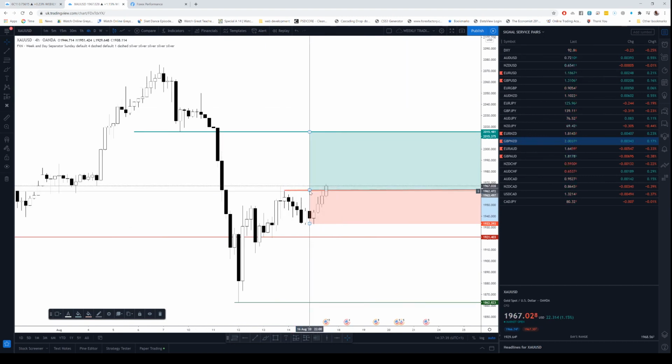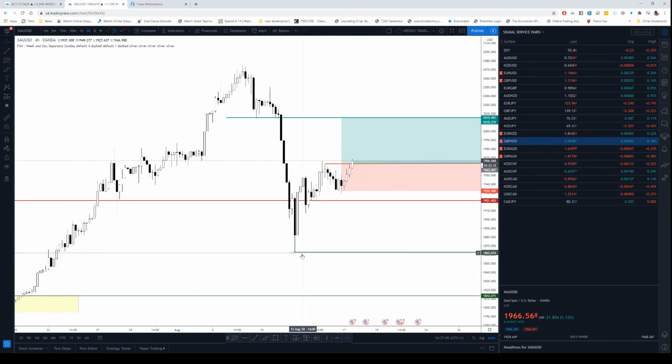Or you can take it now and place your stop down there and then target there. If it stops you out, then you know where it's going. It's coming back down here. If it does come back down and stops you out, then you take a short, place your stop above there and then target here. That would be a flip, like I shared with you guys on the YouTube channel. You can look for that. It's called a flip trade.